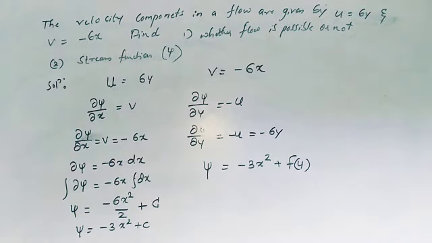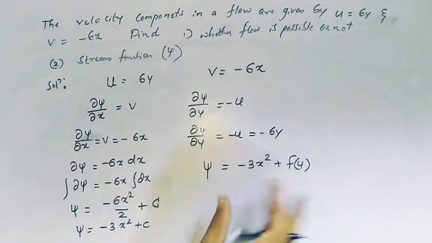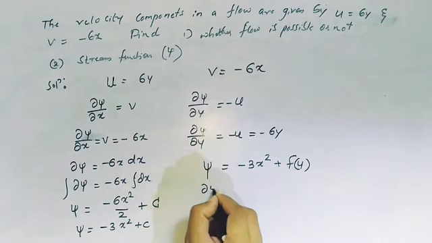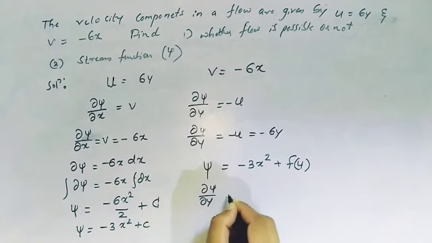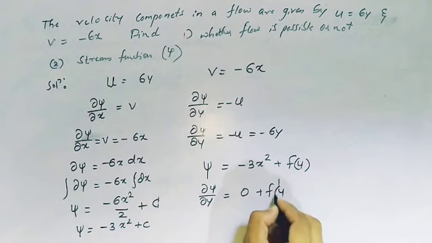Now if I partially differentiate this term with respect to y, I will get dou psi by dou y equals 0 plus f dash of y.